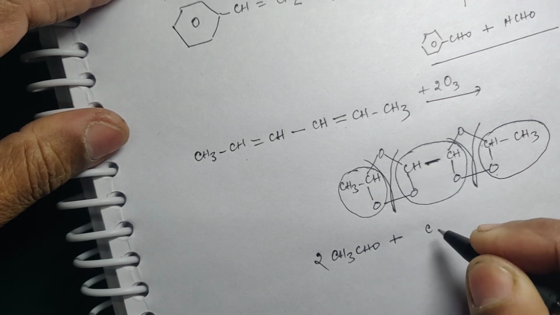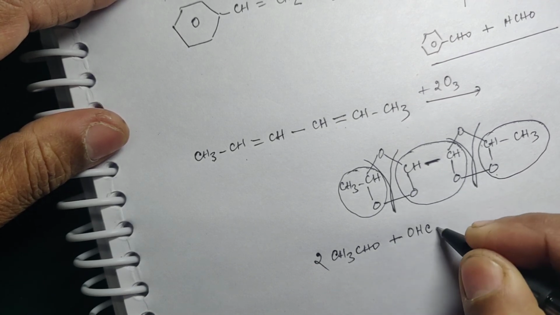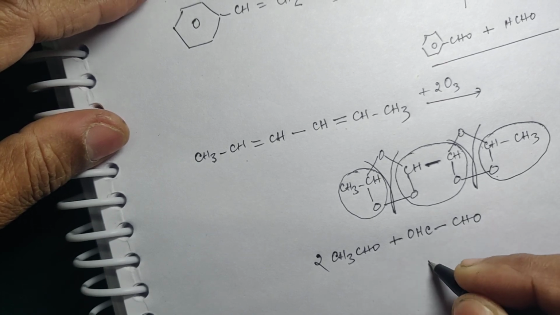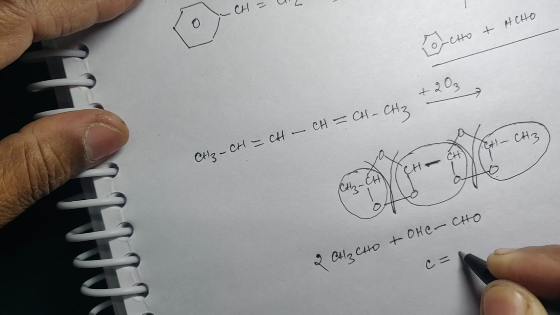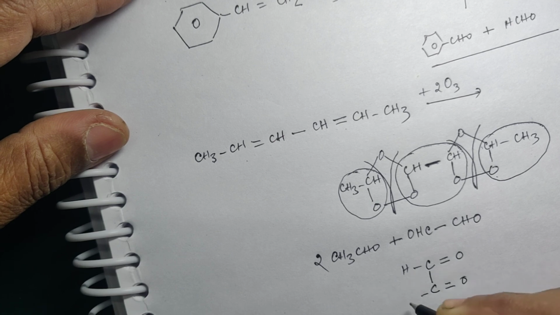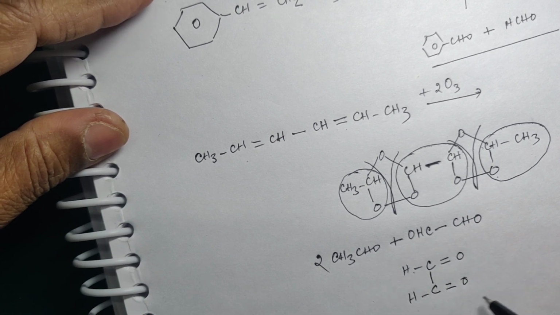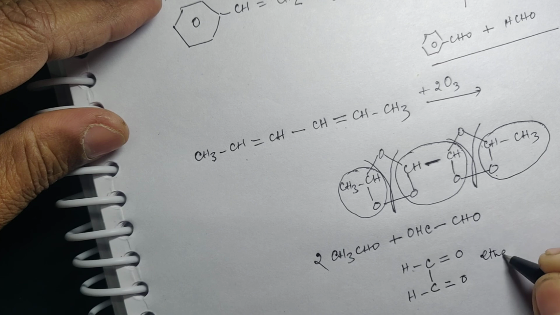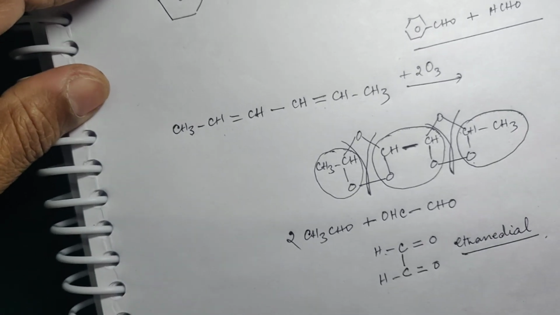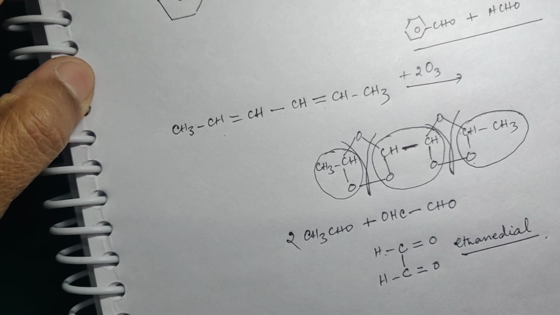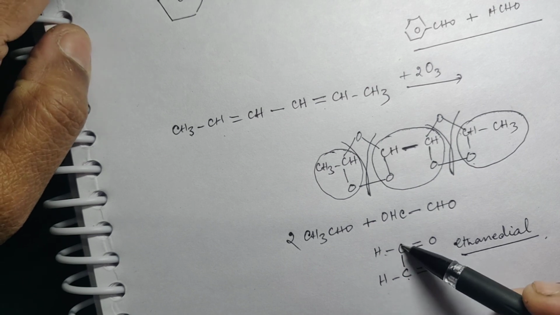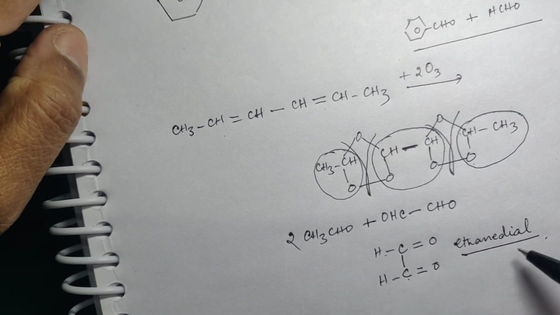This is CHO single bond CHO. C double bond O hydrogen, single bond, C double bond O hydrogen. 2 molecules of aldehyde. What is this called? This is called ethane diol, because 2 carbon atoms are there, both in the form of aldehyde, so you call it diol.